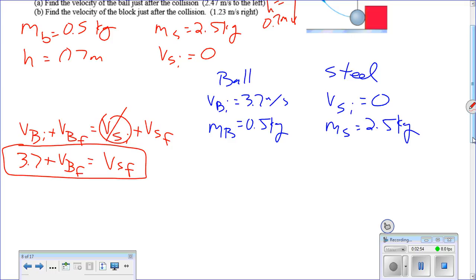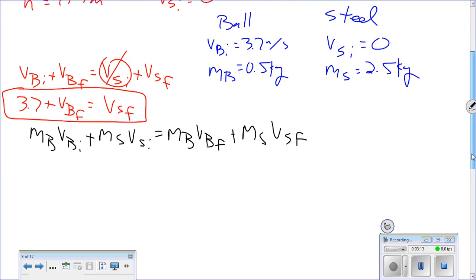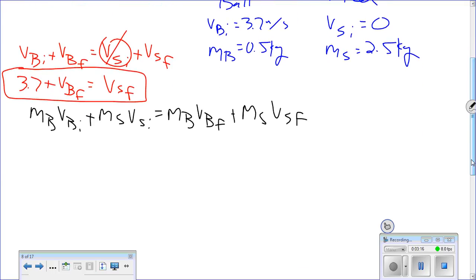Equation number 2 is going to be this. The mass of the ball times the velocity of the ball initially plus the mass of the steel times the velocity of the steel initially equals the mass of the ball times the velocity of the ball final plus the mass of the steel times the velocity of the steel final. Let's plug in some numbers here and see what we get.